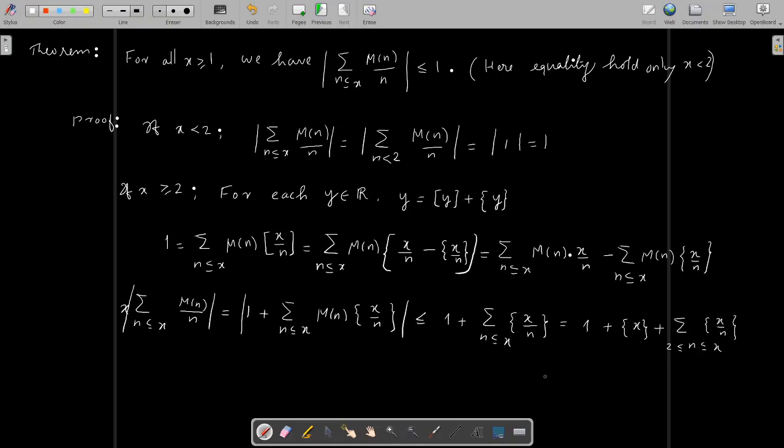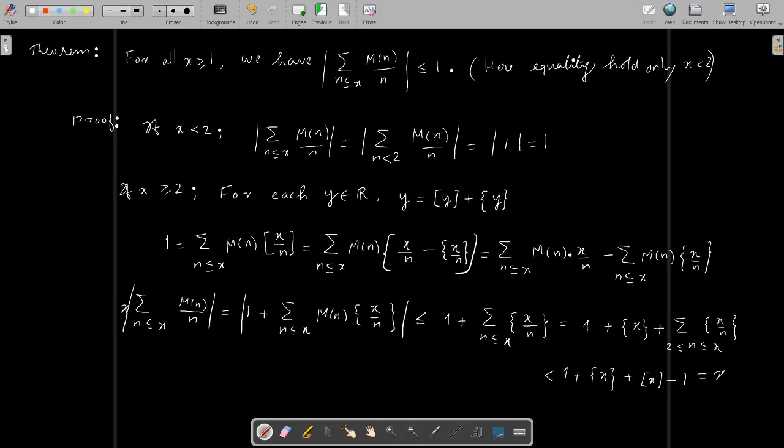That is 1 plus fractional part of x plus, since this fractional part of x by n is always less than 1, this quantity is always less than 1 plus integral part of x plus integral part of x minus 1. Because when we sum up all this, 1 plus 1 plus 1 up to integral part of x, here the variation of n starts from 2, so that's why this is integral part of x minus 1.